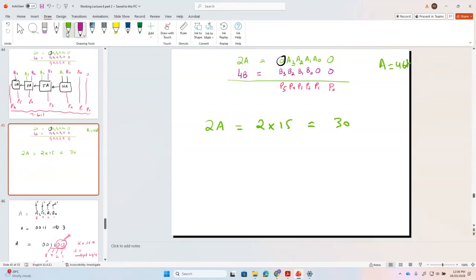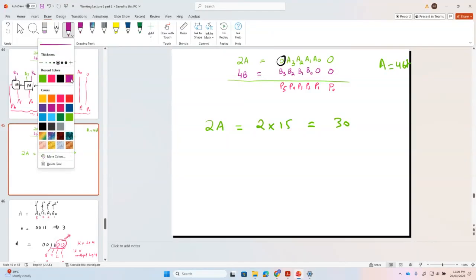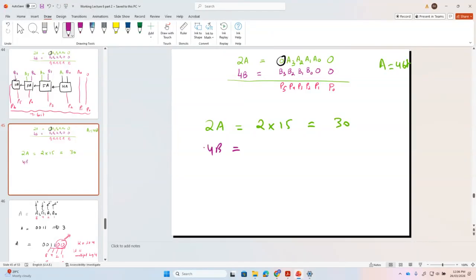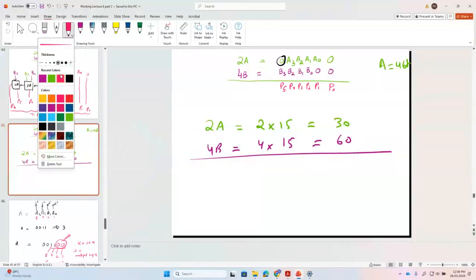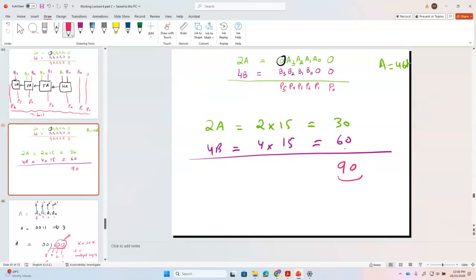Now we want to compute 4b. What is the maximum number? 4 times 15, which is 60. If we add these two maximums, what will be the result? 90.